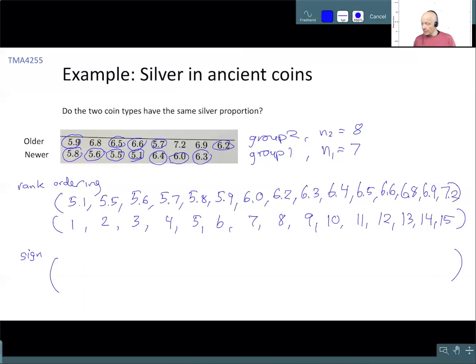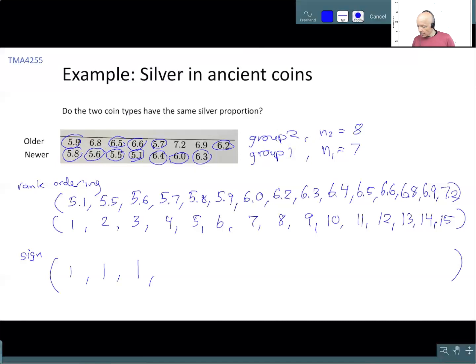And the signs, do we recall the signs of these values? So we can just look at the newer coins. So this is from group 1, group 1, and group 1.